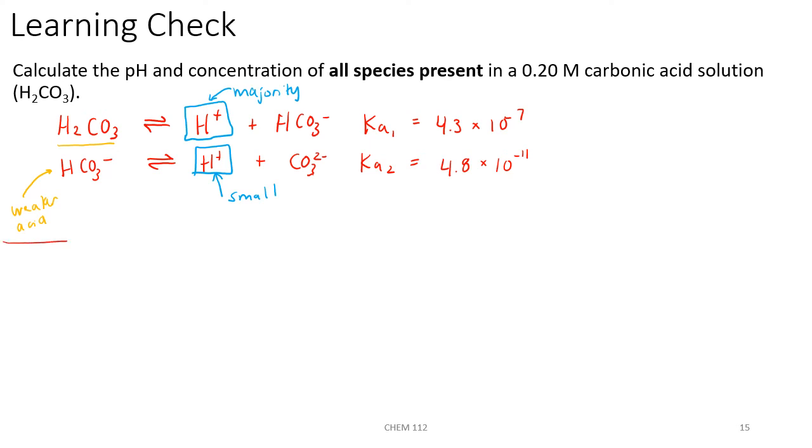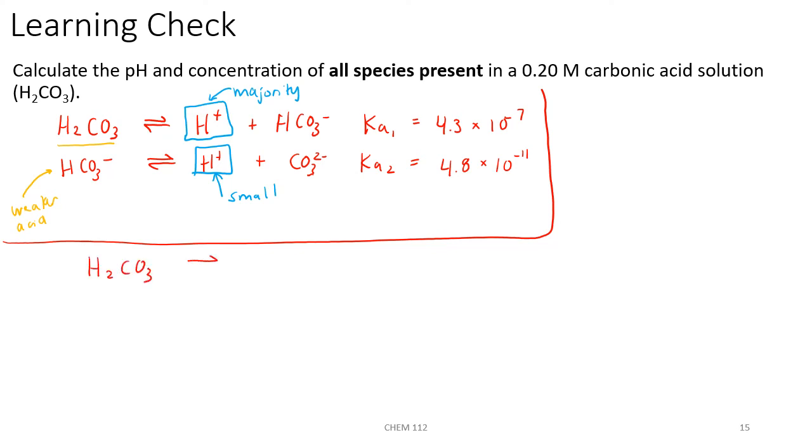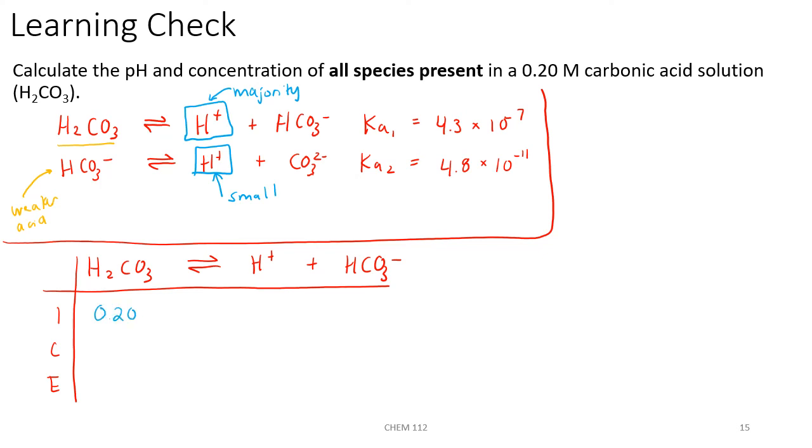So if we break this up, now I'm just looking at the first dissociation, H2CO3 dissociating into H plus and hydrogen carbonate, HCO3 minus. We can write our ICE table for the dissociation of our weak acid. Our initial concentration of carbonic acid, we were told, is 0.2 molar.